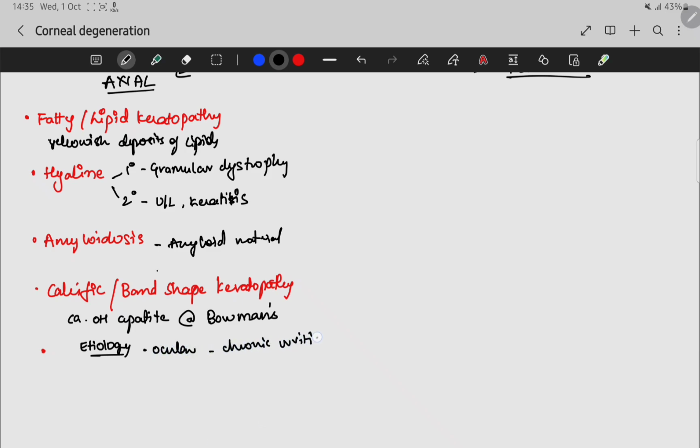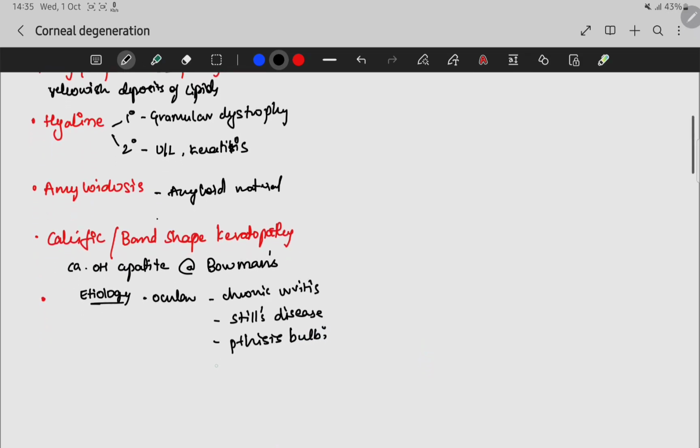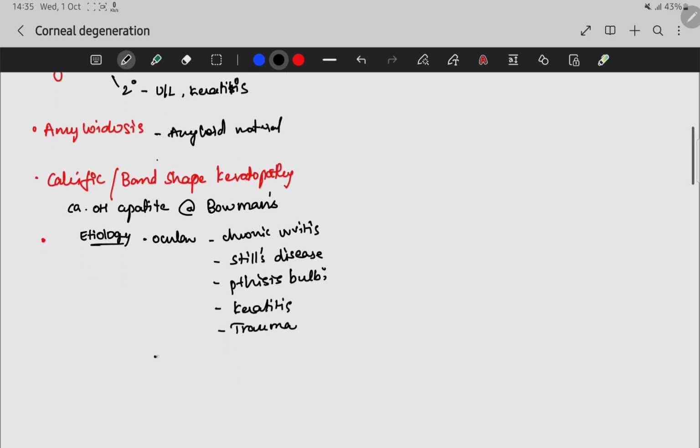Still's disease, phthisis bulbi, which is the end stage of trauma. Then we have keratitis and trauma. So these are ocular causes, and it can also be age related, and there are systemic or metabolic causes like hypercalcemia, which occurs in hyperparathyroidism and also in cases of multiple endocrine neoplasias, in which there is hyperparathyroidism.